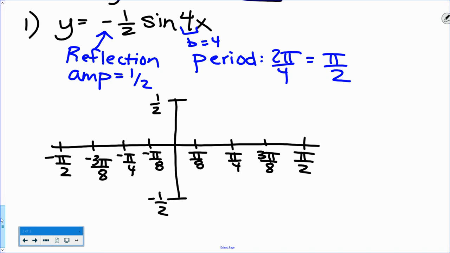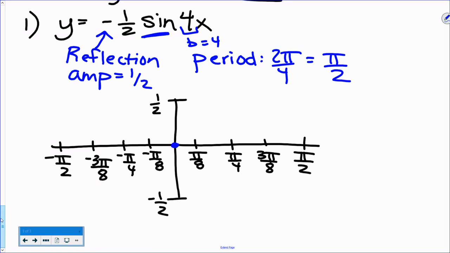My graph is sine, so I have to think about, does sine start on 0 or does sine start on its amplitude? Sine starts on 0. Now here's where my reflection comes into play. I reflect this over the x-axis.